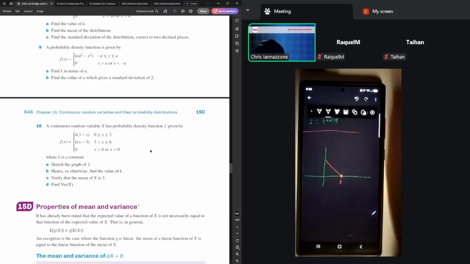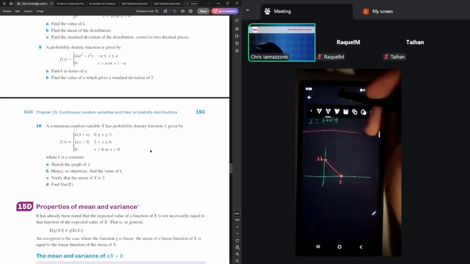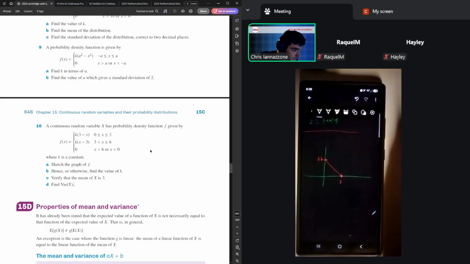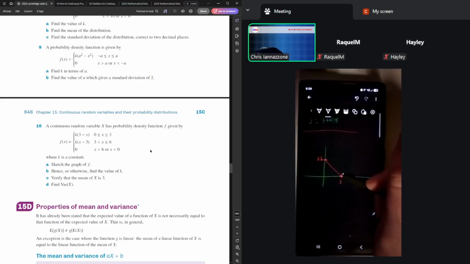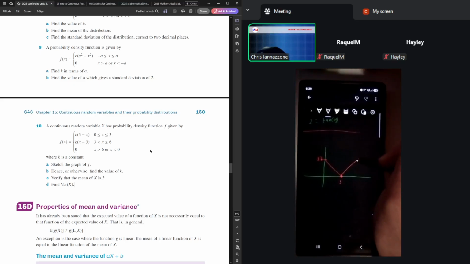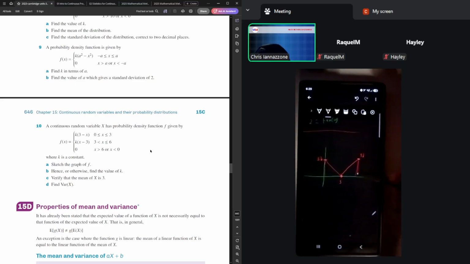That's going to be 3k. Cool. And then the other way around, again, it's going to have the same x-intercept, but this time going up, and because the horizontal distance is effectively the same, it's going to again cap out at 3k. So your area under curve is effectively two triangles here. That should add up to 1.